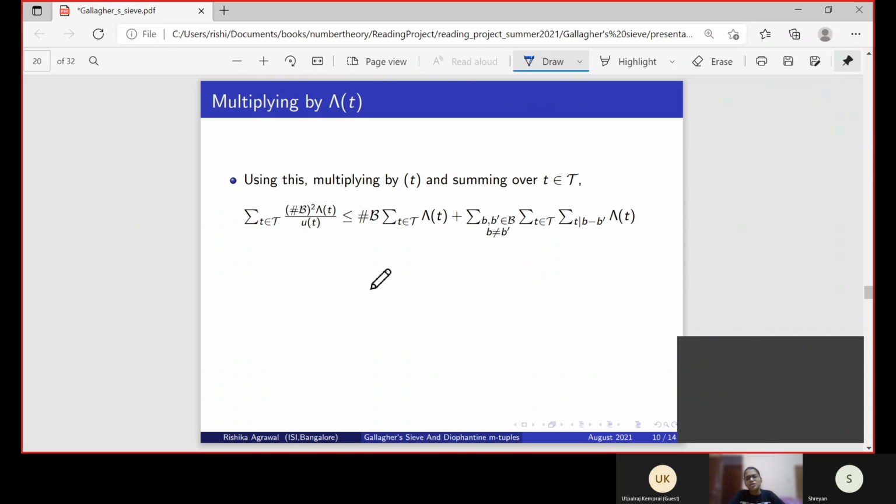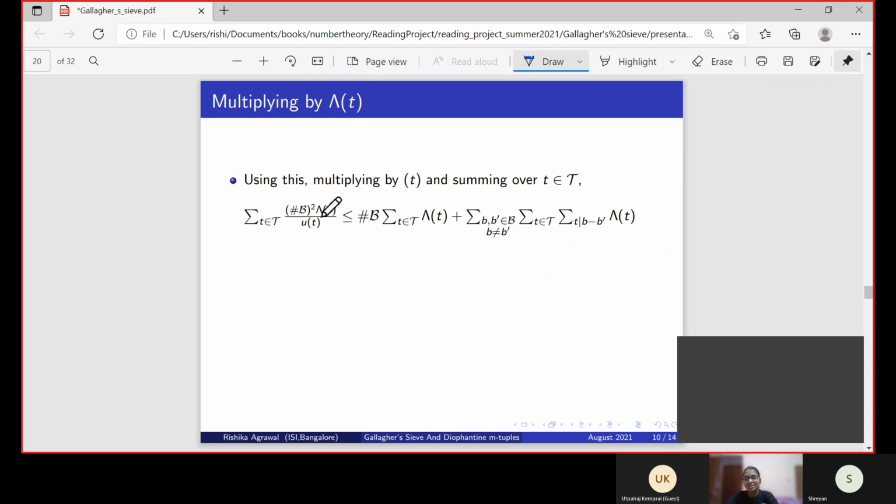If you look at it this way, the summation of log p over prime powers less than or equal to x will give us the LCM, the least common multiple of all the numbers less than x, because we have considered all the prime powers, and that is what we consider in the LCM. So the von Mangoldt function is a very interesting function.